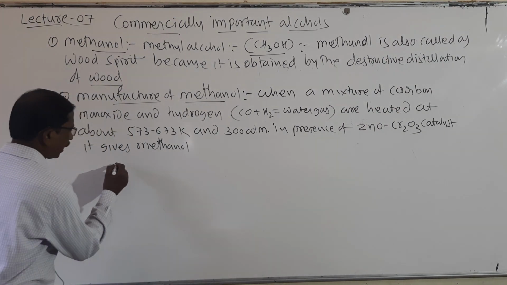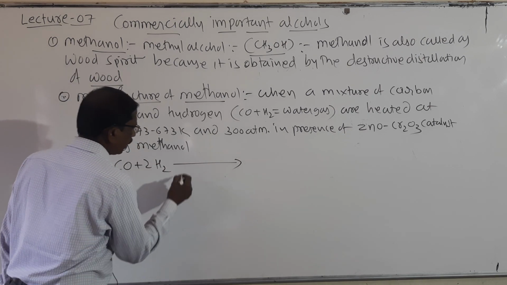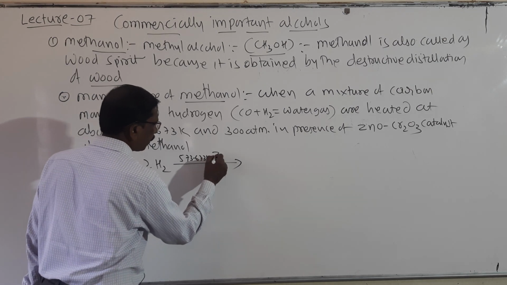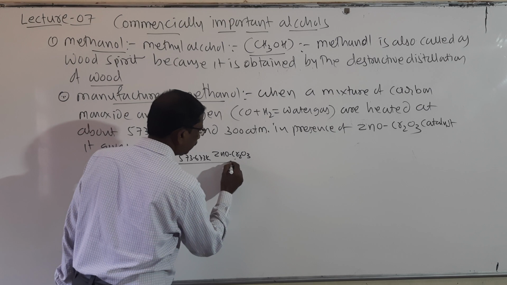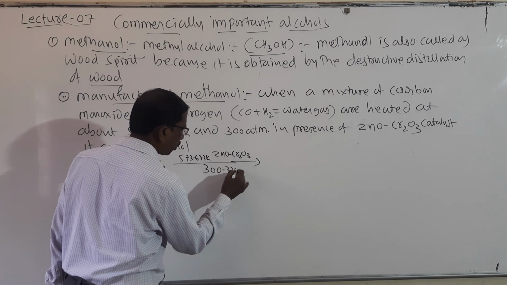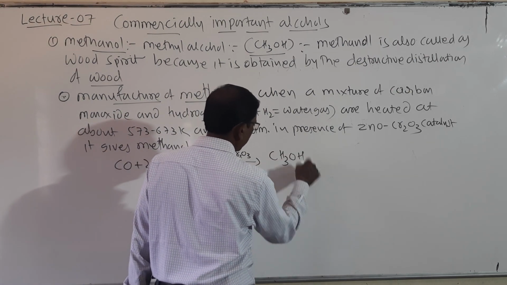Look here students, I will write the reaction: CO plus 2H2, at 573 to 673 Kelvin in presence of zinc oxide and Cr2O3 and about 300 to 320 atmospheric pressure, forms CH3OH.